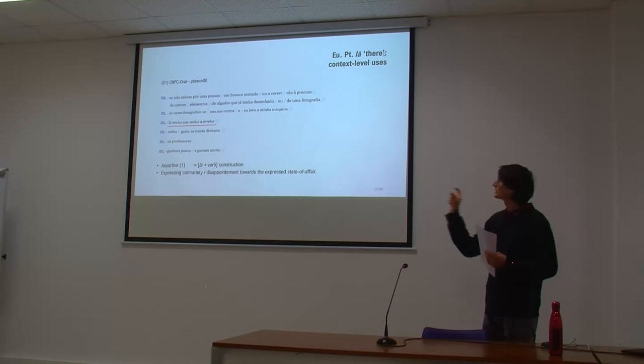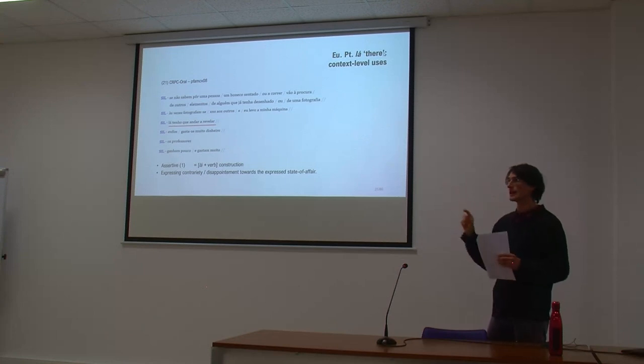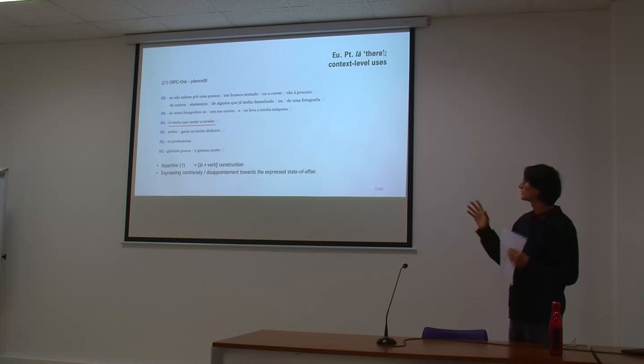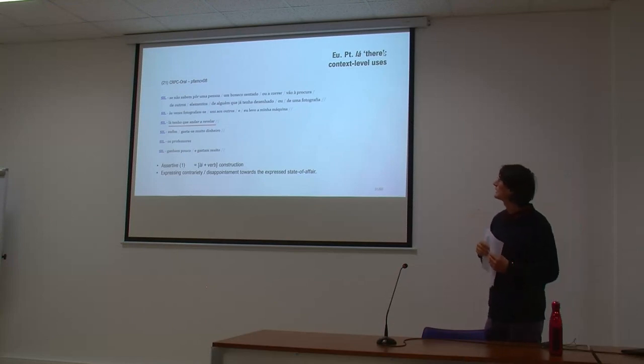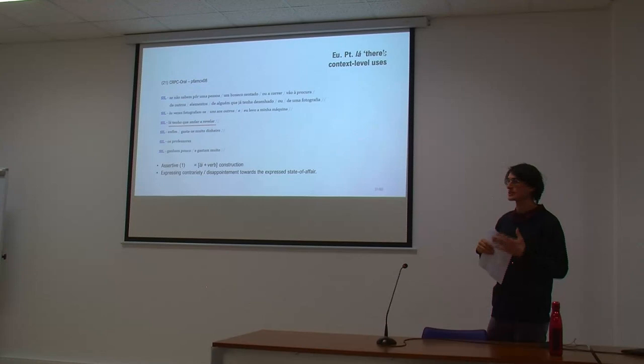We see that in assertive speech acts, la always appears in this kind of syntactic configuration preceding the main verb, which is kind of a fixed construction. And it doesn't mark a spatial reference, but rather a subjective stance expressed by the speaker towards the state of affairs. In this case, it could be something like disappointment or contrariety towards the state of affairs.